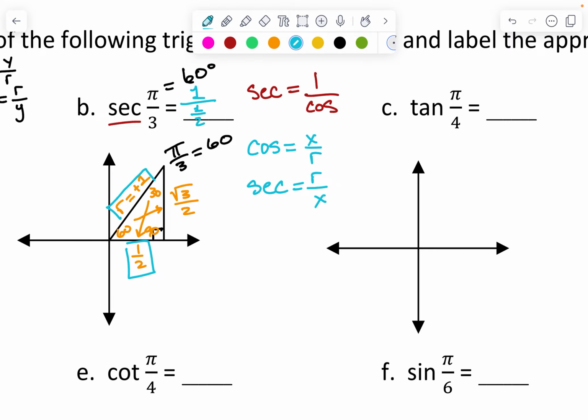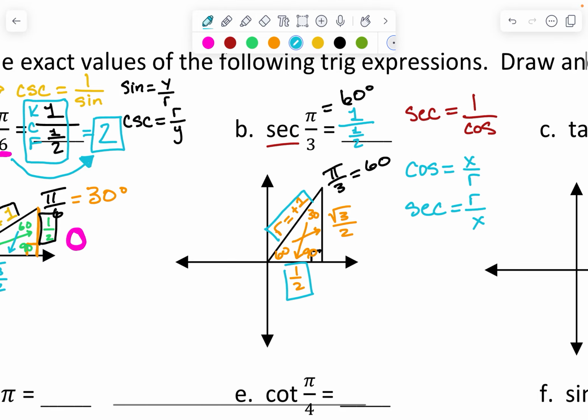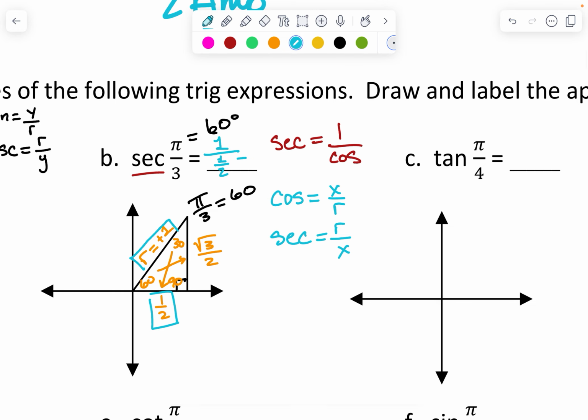And if you look, that's the same fraction we just had for question number 1. So 1 divided by 1/2 equals 2. The secant of pi over 3 is 2.